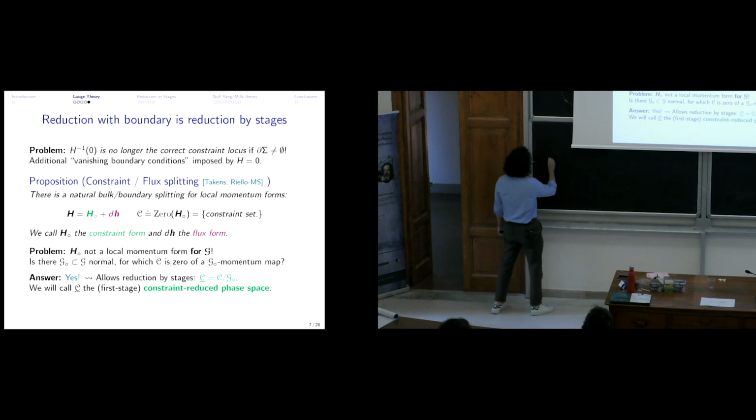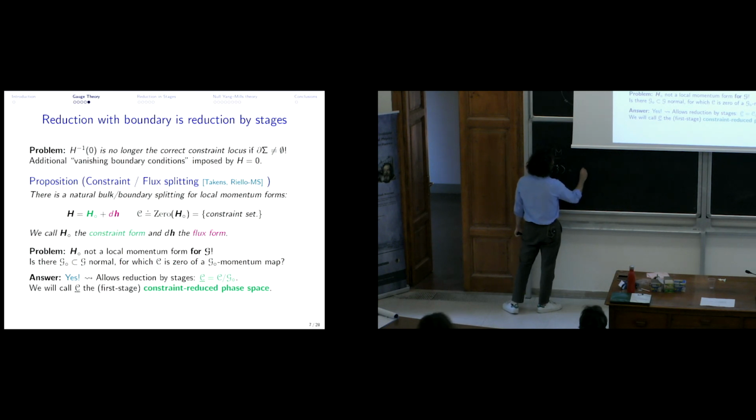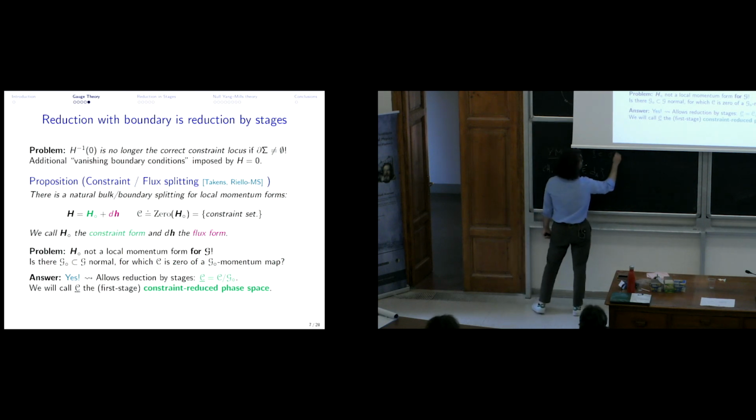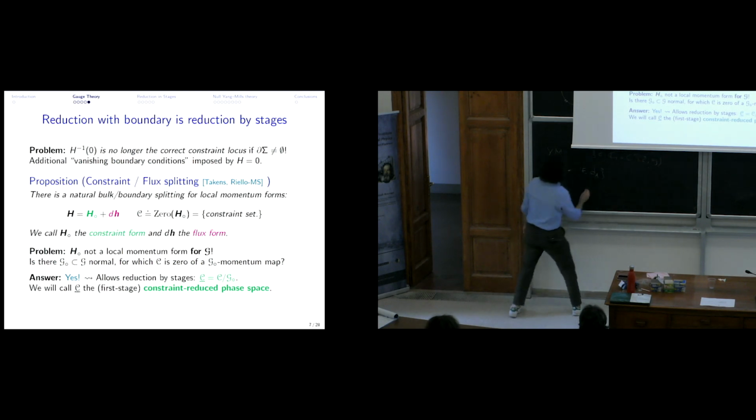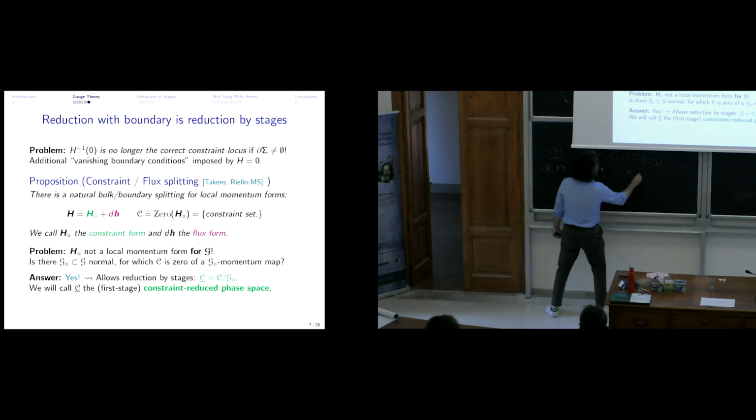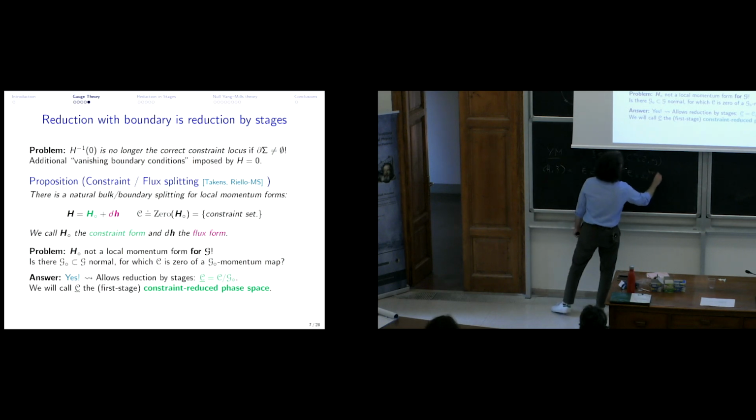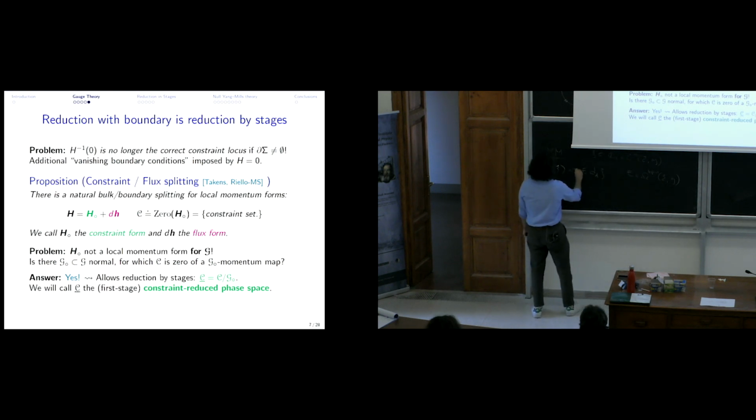So if you are considering Yang-Mills theory, H paired with a parameter is going to be E dA psi, where psi is an element of the Lie algebra and E is a top minus 1 form on sigma with values in the Lie algebra, you take the trace.